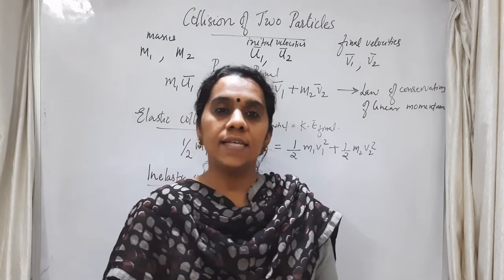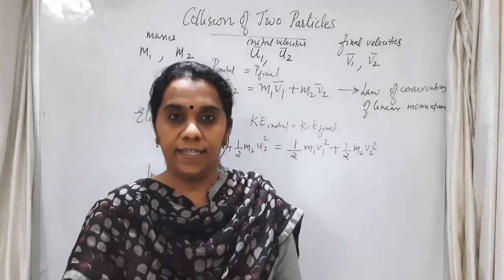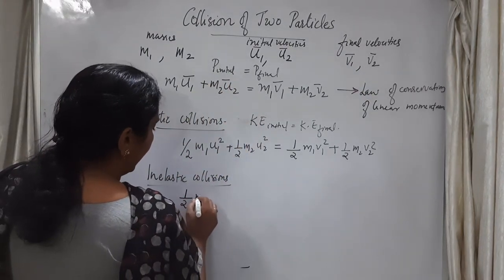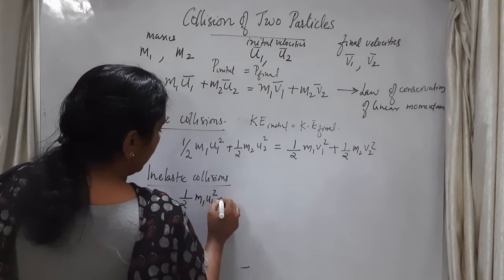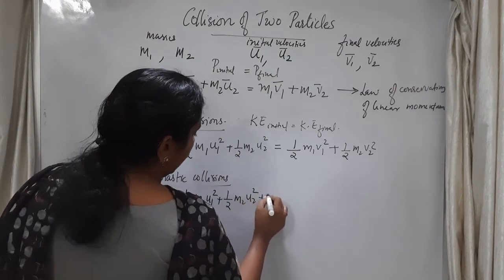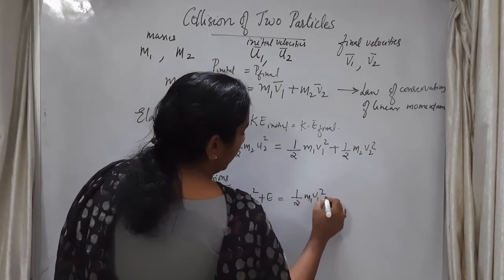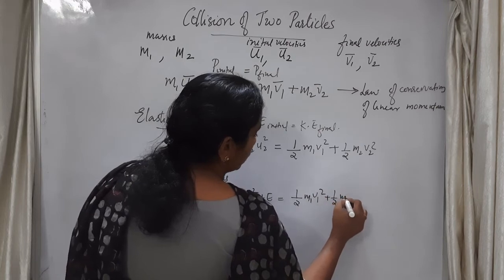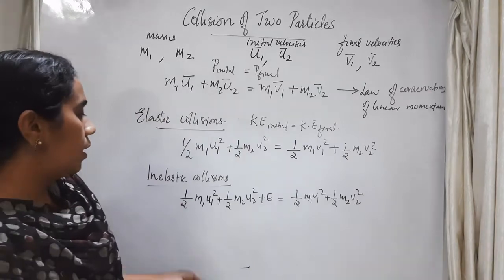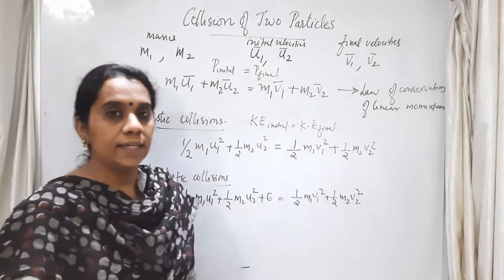So the total initial kinetic energy may not be equal to the total final kinetic energy. There you can write the equation as half m1 u1 square plus half m2 u2 square plus E is equal to half m1 v1 square plus half m2 v2 square. Here the final kinetic energy will be slightly greater than the initial kinetic energy.